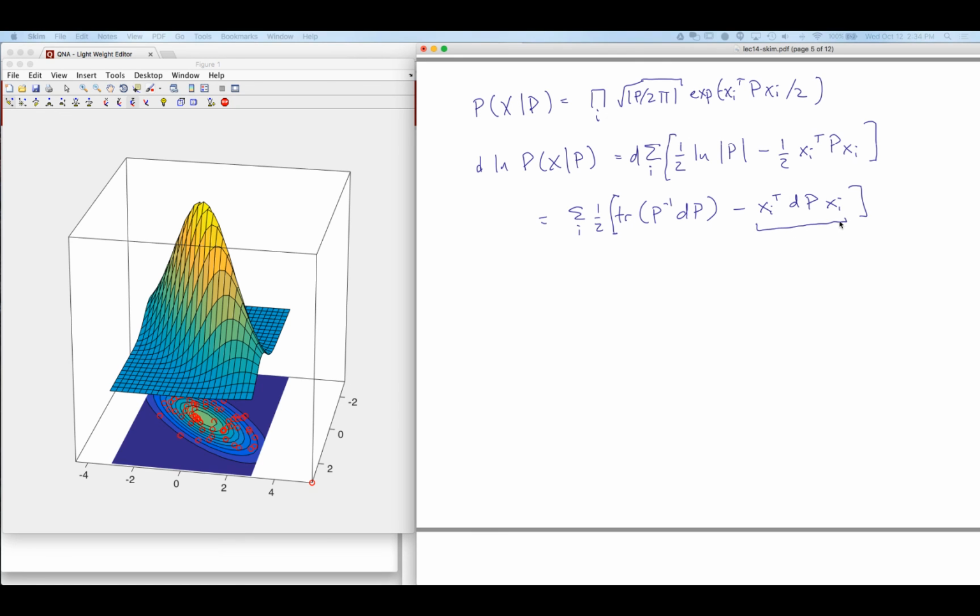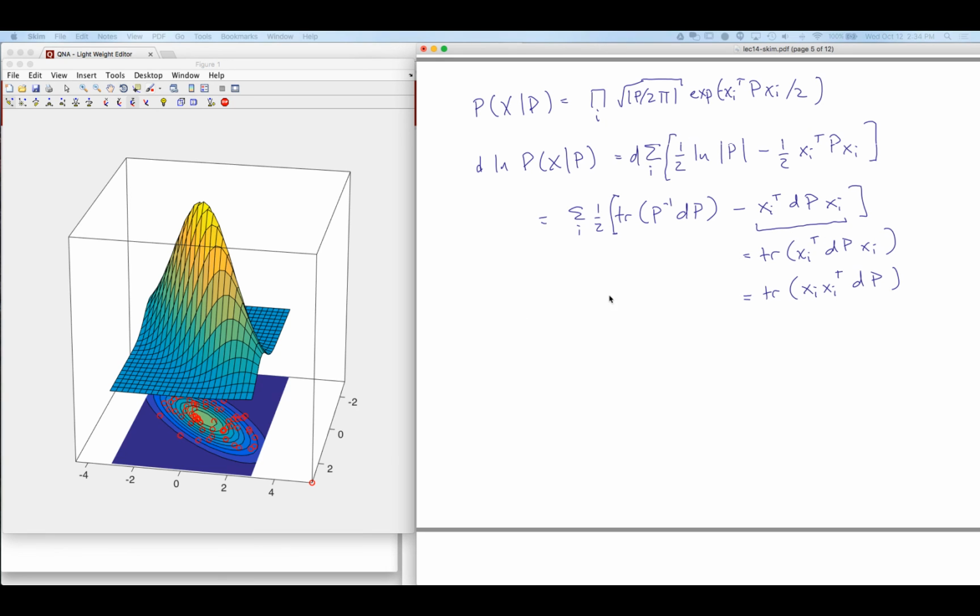First, this term is a scalar, so it's equal to its own trace of xi transpose dP xi. And then we can use trace rotation, trace of xi xi transpose dP.